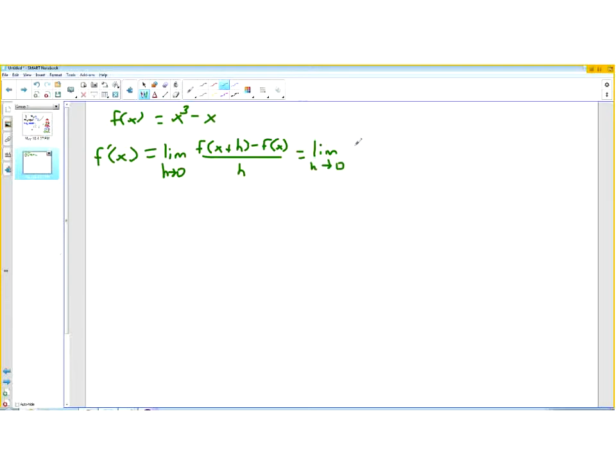Okay, and so this would be x plus h quantity cubed minus x plus h. Okay, so that would be f of x plus h, then minus x cubed minus x.